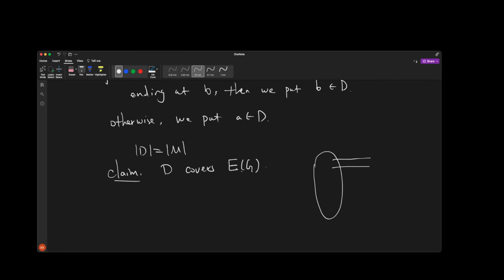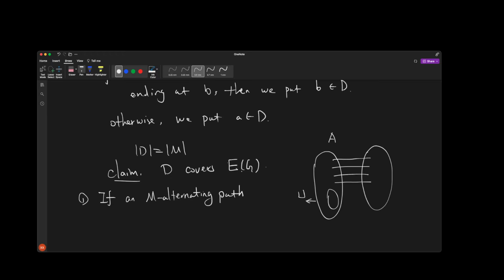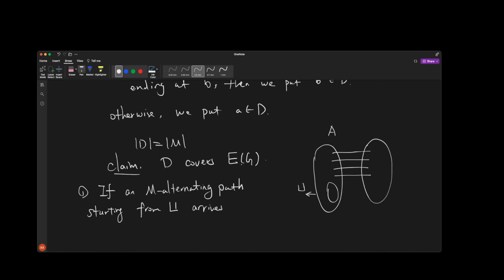For example, this is my M, and this is my set U, the unmatched set in A. So the first case: if an M alternating path starting from U arrives at B, for example, some vertex B.